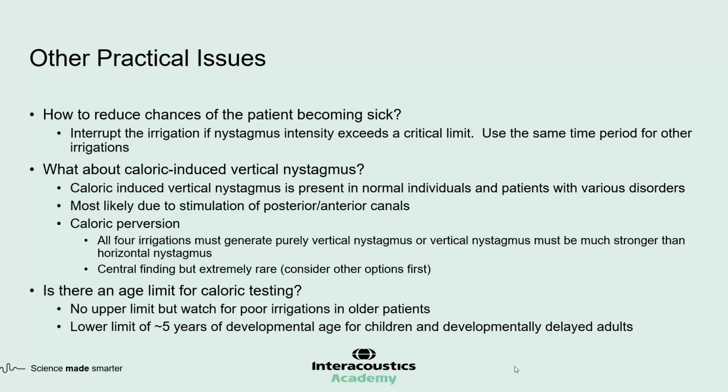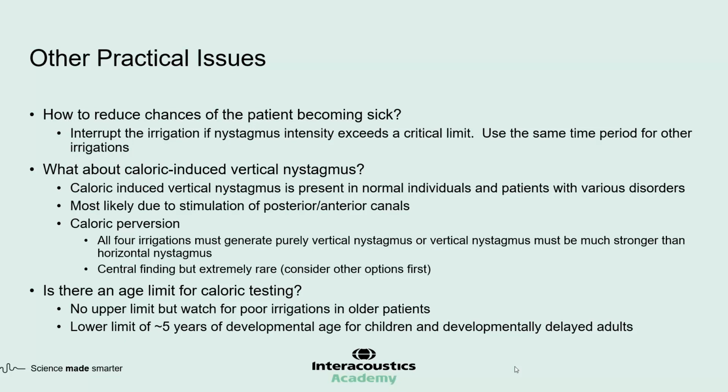I think this was mostly an artifact of old test methods of not recognizing some of the potential reasons for this. For example, crosstalk between the horizontal and vertical channel. It was considered a central abnormality, but it's extremely rare, and in most cases, if I see something that's close to that, there's a much simpler, easier explanation than something like caloric perversion.